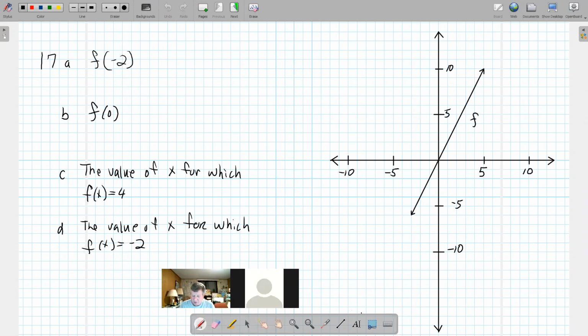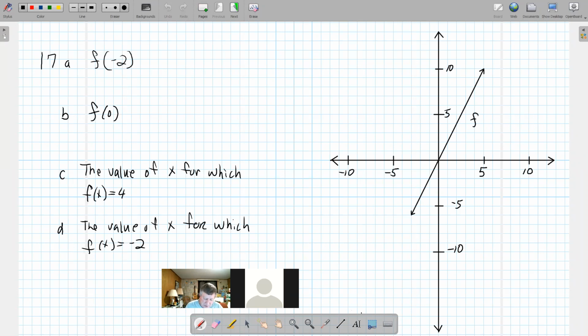Okay. So over on the right, we have a graph of f. It's a straight line, so it's a linear function. And what we're going to be doing here is identifying ordered pairs, but using function notation, okay? So 17a says f of negative 2. And the directions say refer to the given graph to find each value, okay?